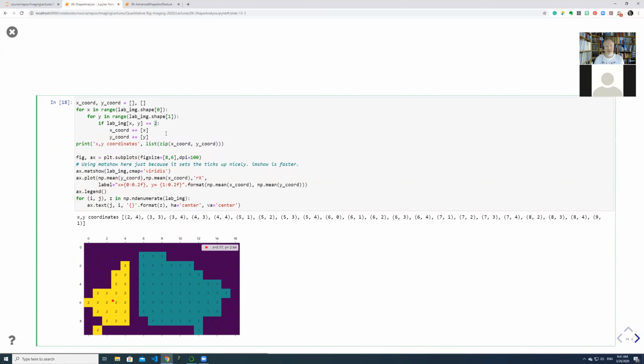You could expand this by having, instead of just single variables or single lists for each coordinate, a list of lists. So you have a list for each label, and in each label you have the positions. And with that, you could then do averaging for all positions.